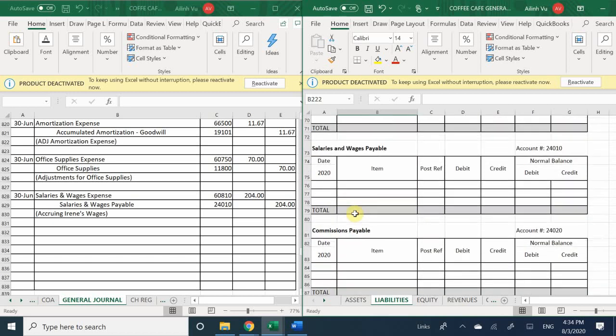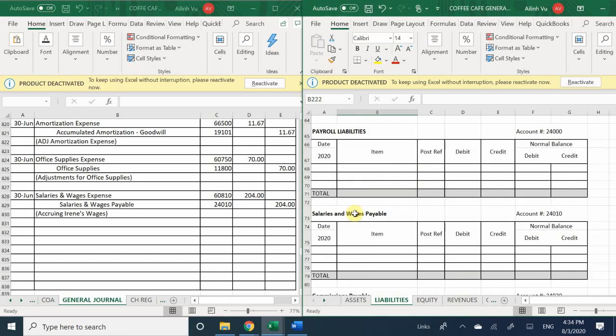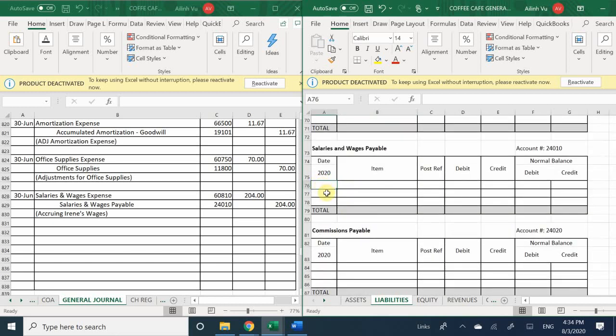Okay, there it is. 30 June. Okay, I found it. So 30, credit side, 204, on the credit side. 304. Okay. Let's do Albert.